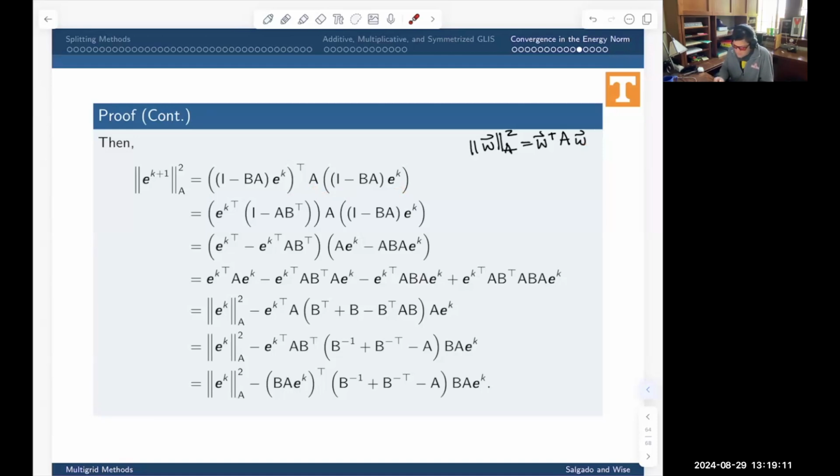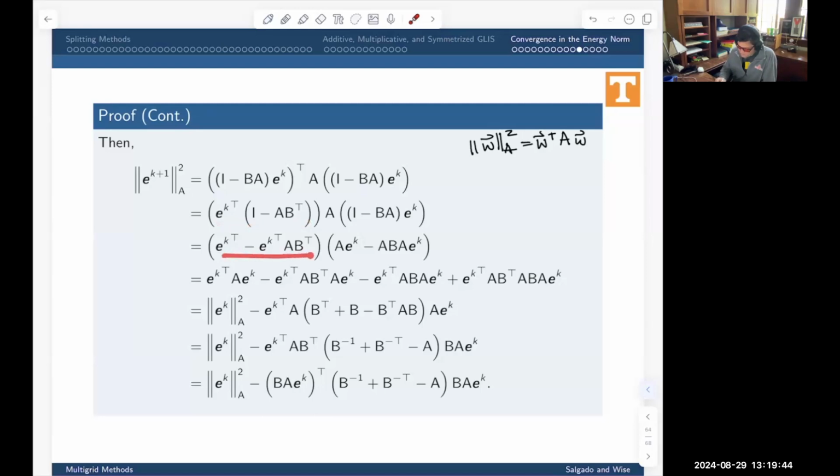Now, let's distribute this transpose over this product. Remember, that becomes the product of transposes, but in reverse order. So I take the transpose of e_k and I multiply that times this matrix. Again, we have A here and the same product we had previously. All right, and let's distribute this over that product.